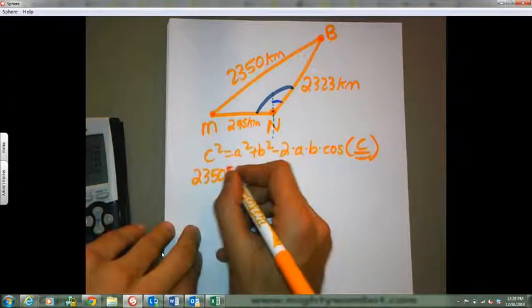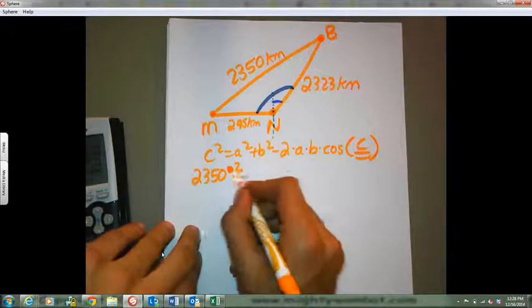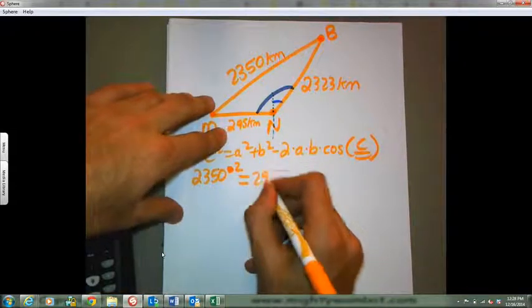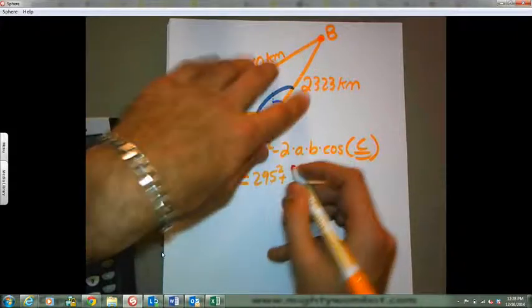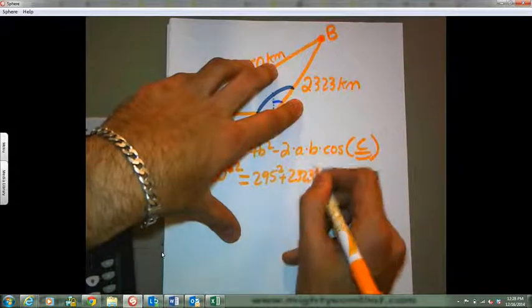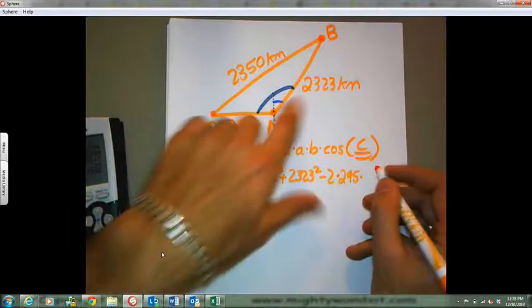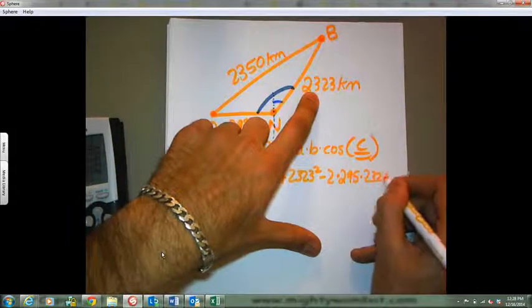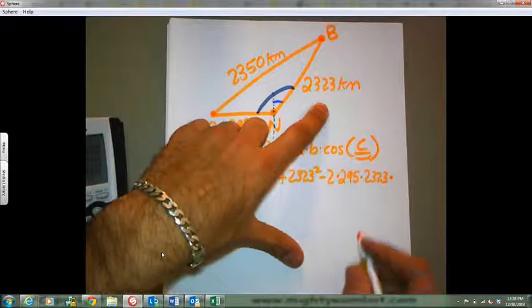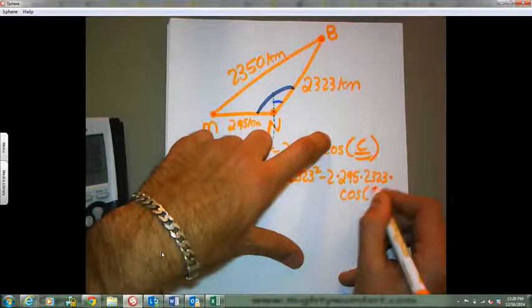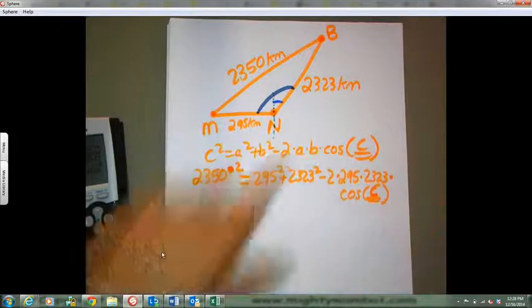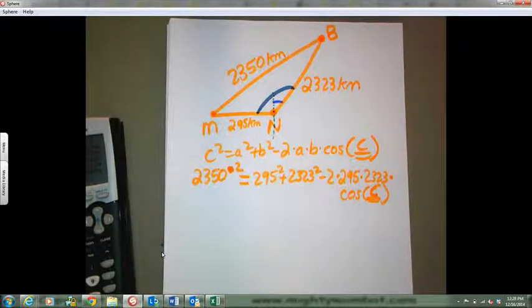And that equals a, 295 squared, plus b, 2323 squared, minus 2 times 295 times 2323 times cosine of C. And the reason I put this double line is to indicate this is an uppercase letter.